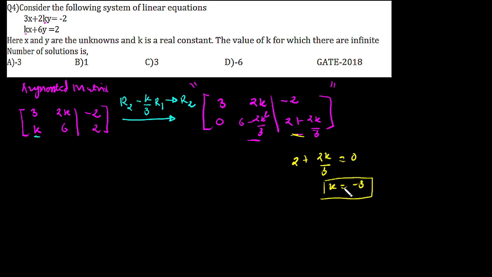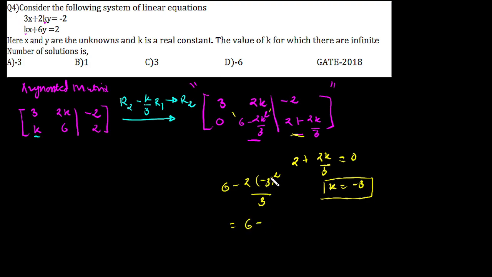So now if k is minus 3, then let's put the value of k as minus 3 here. If this quantity is also 0, then the system has infinitely many solutions for this value of k. So let's put it here. 6 minus 2 times minus 3 square by 3, and yes, you can see 6 here.